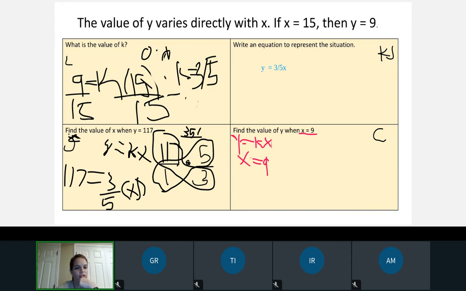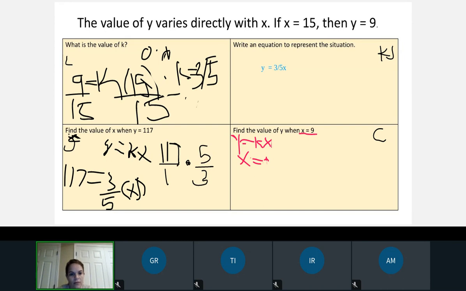Okay, so you just multiply straight across the top, 117 times 5. That's okay, you're fine. So you get 585, and then you would divide that by 3. That's okay, Cheyenne. So let's go back.